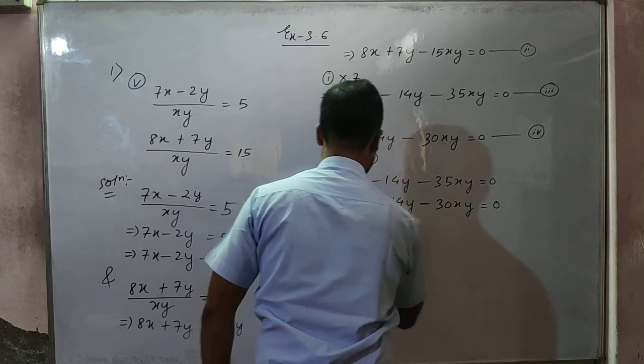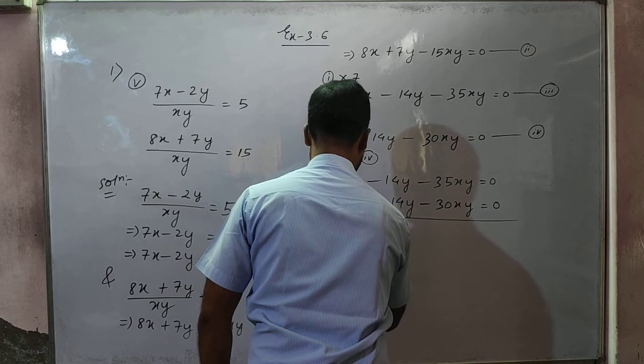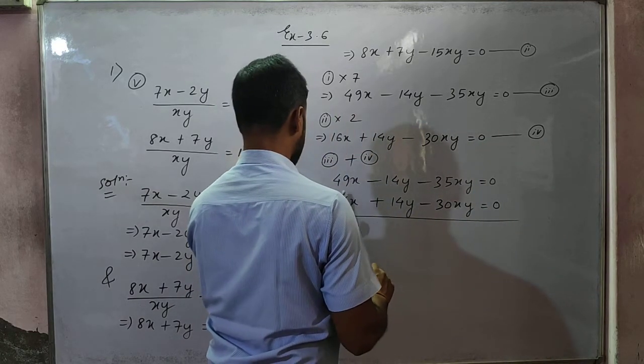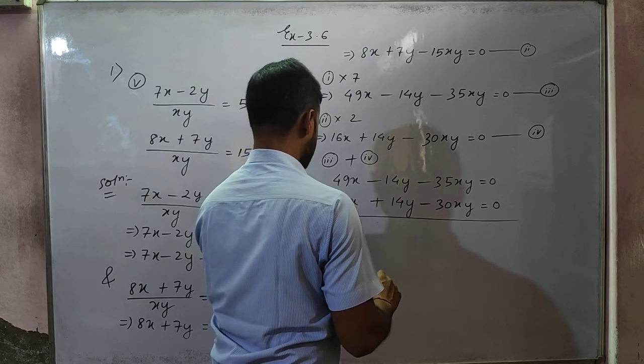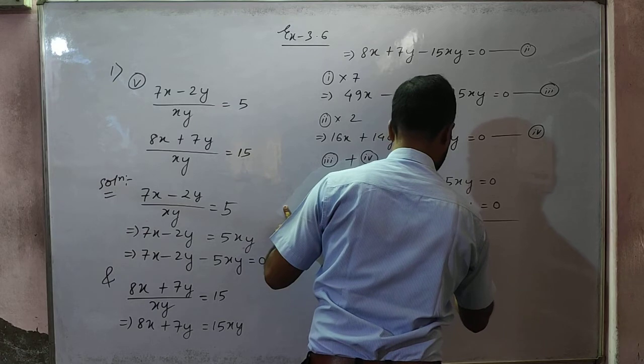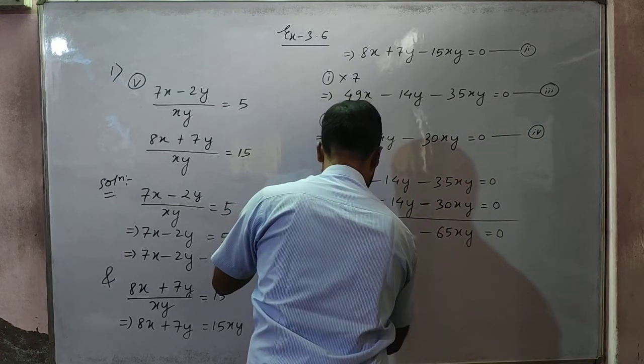So we are adding, so 65x, 14y is cancelled, minus 65xy is equal to 0.